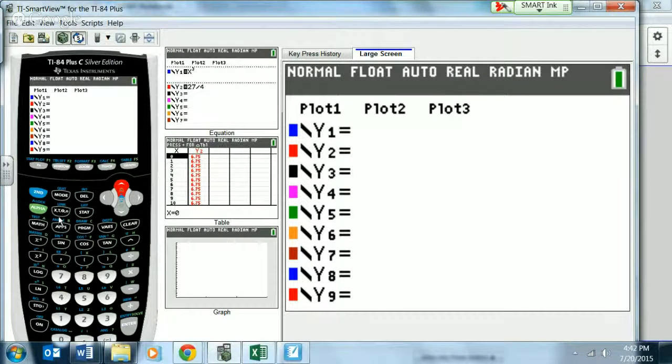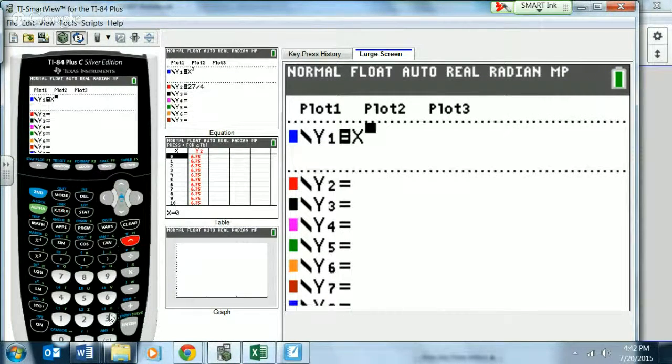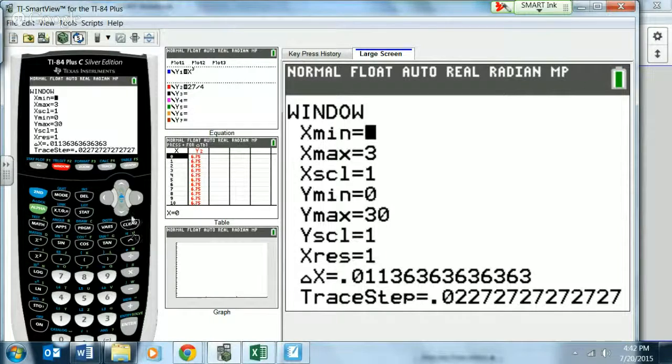So first graph x cubed, and then go to your window. Looks like my window's already set for this problem. So we want to go from x equals 0 to x equals 3.